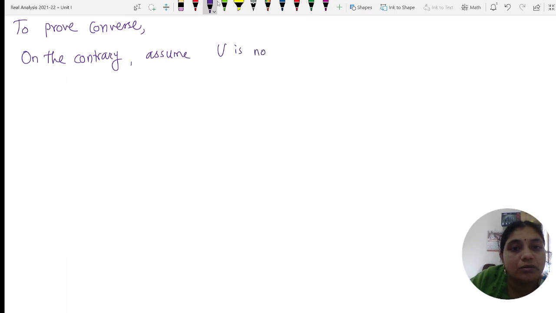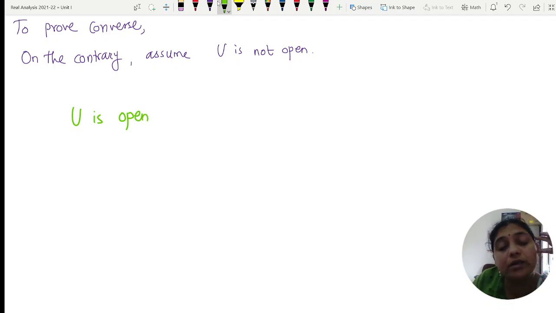U is not open. So if U is not open, what does that mean? By definition, if U is open, then the ball is totally contained in that set.